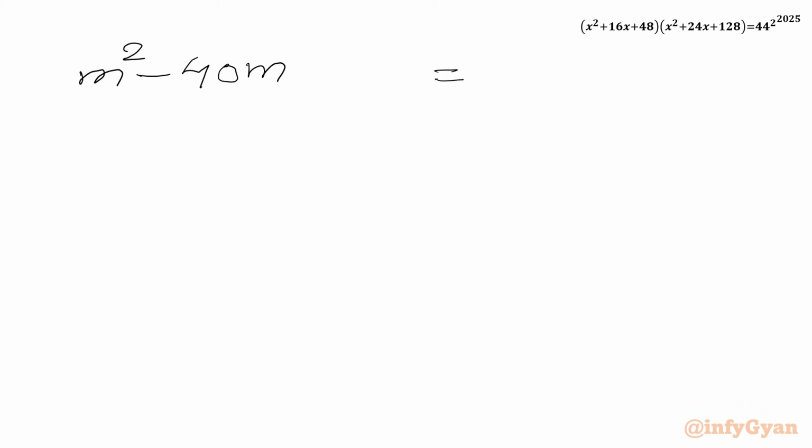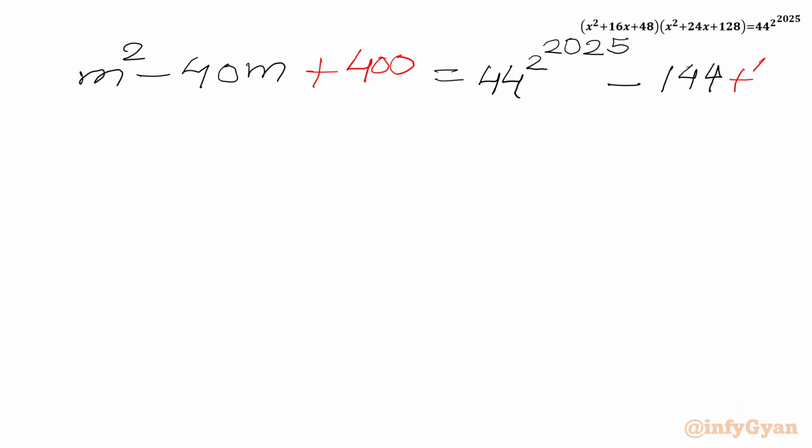So we will get m square minus 40m in the LHS, and in the RHS we will write 44 raised to the power 2 raised to the power 2025 minus 144. Now we are going to add 400 to both sides. So let us add 400 in the LHS, and in the RHS.